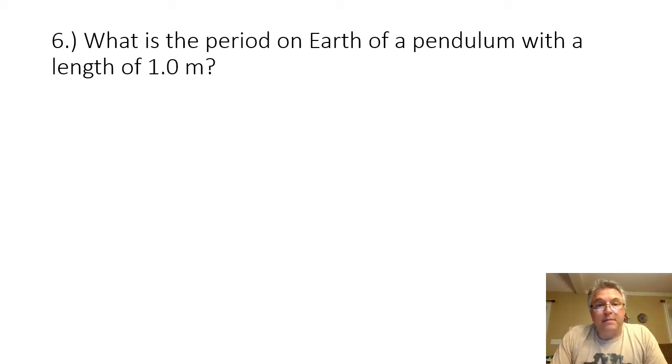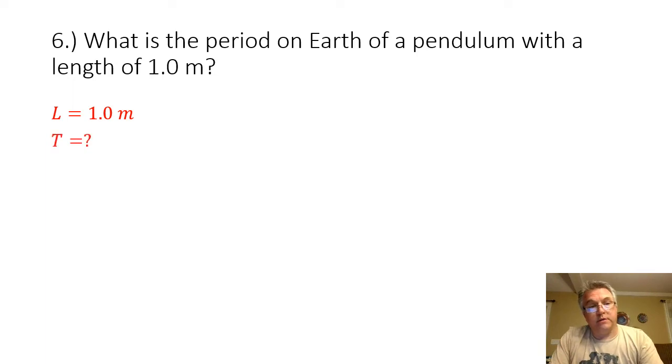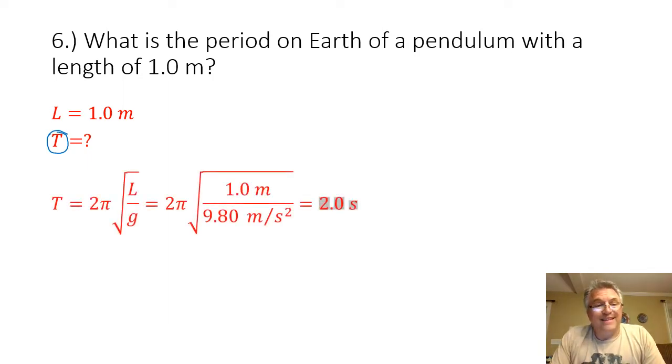What is the period on Earth of a pendulum with a length of 1.0 meters? So we're given the length of the pendulum of 1 meter, and we're being asked for the period. And remember, our symbol for period is the capital T. I know that my pendulum formula is T equals 2 pi times the square root of L over g, the length divided by the gravitational acceleration.